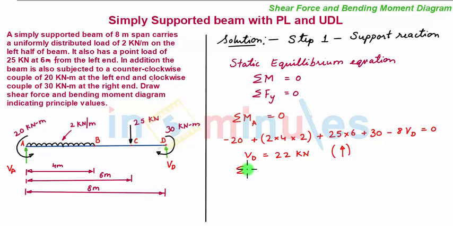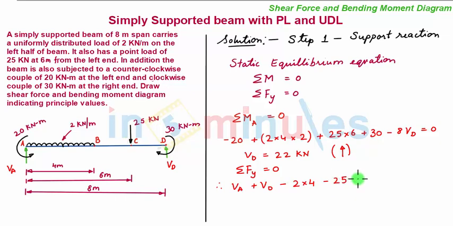Now we use our second static equilibrium equation, that is summation of Fy equal to 0. The sign convention is that all the upward forces are positive and all the downward forces are negative. So we have the 2 upward support reactions VA plus VD, then all the downward acting forces: first is the force due to this UDL whose magnitude will be 2 multiplied by 4, then there is the downward force of 25 kN, so minus 25.